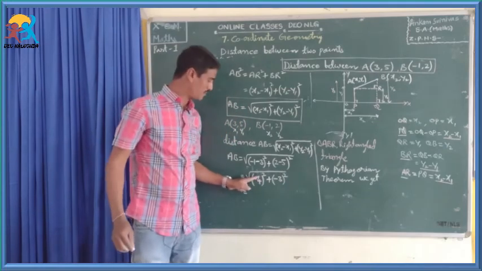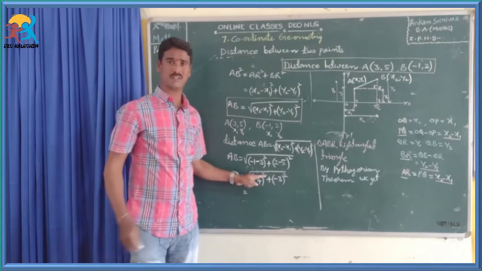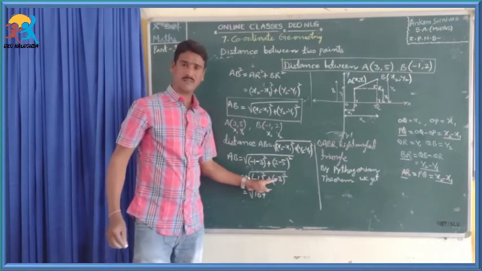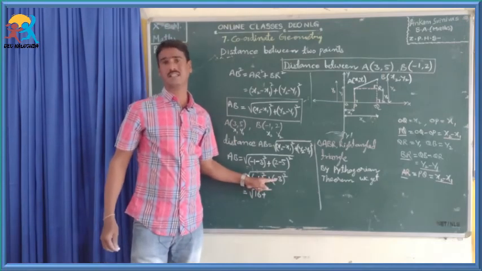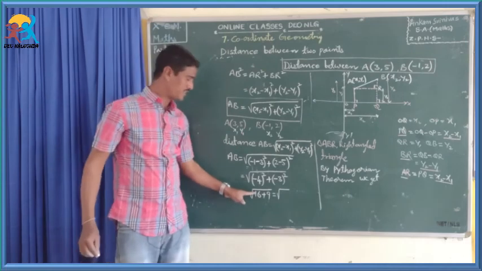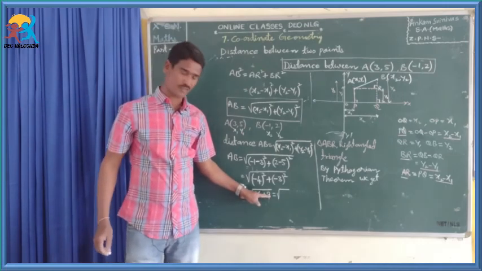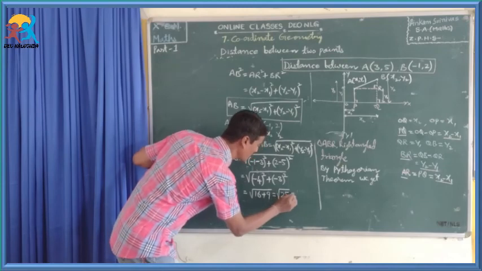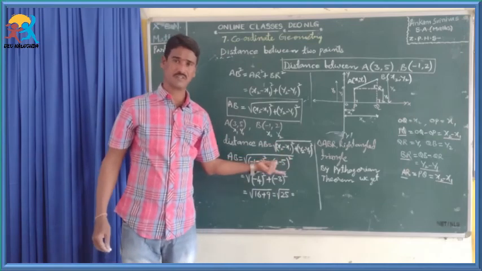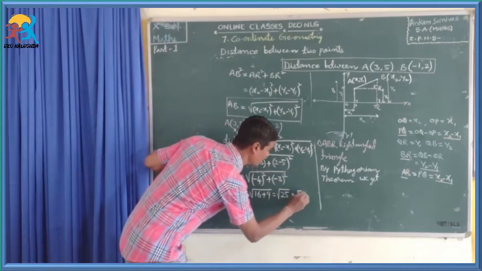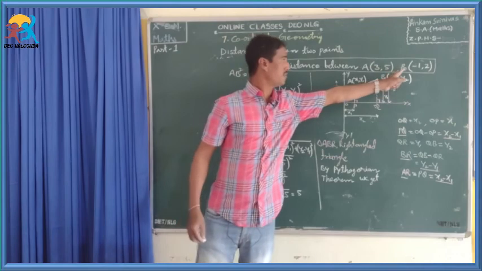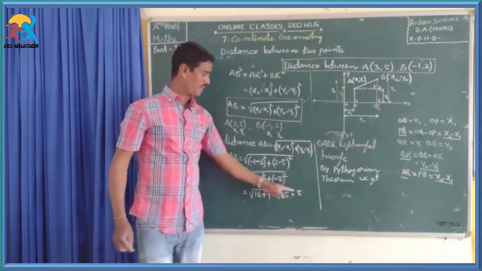Now what is minus 4 square? Minus 4 into minus 4 is 16, and minus 3 square, minus 3 into minus 3 is 9. And 16 plus 9 how much? 25. So the square root of 25 is 5, since 5 fives are 25. The distance between 2 points A (3, 5) and B (minus 1, 2) is 5 units.